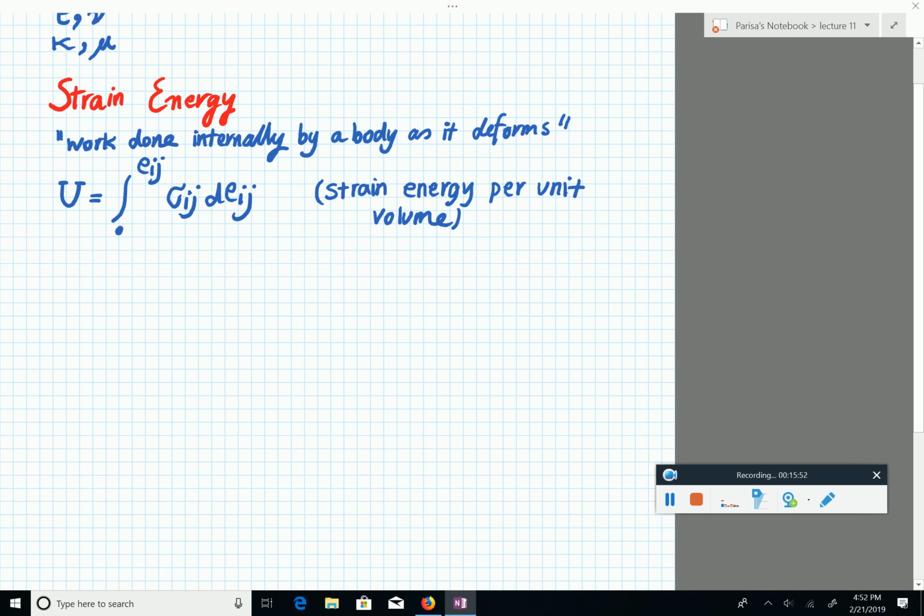So now in the realm of elasticity, for a linear elastic material, we know the relationship between a stress and a strain. I'm going to substitute that. U would be, and since C_ijkl is constant, we are considering a homogeneous material.